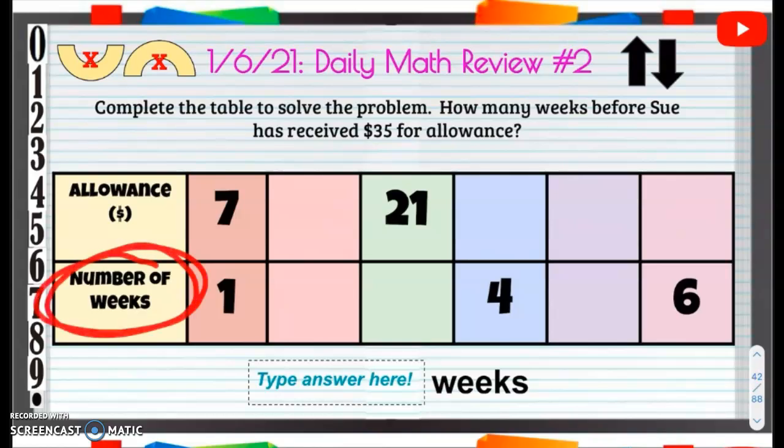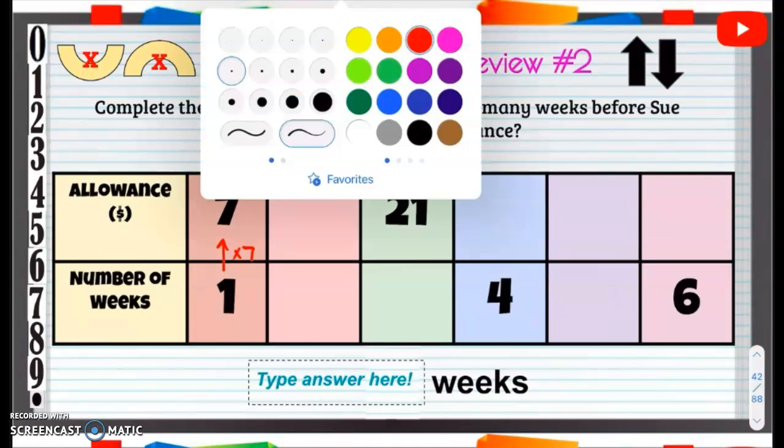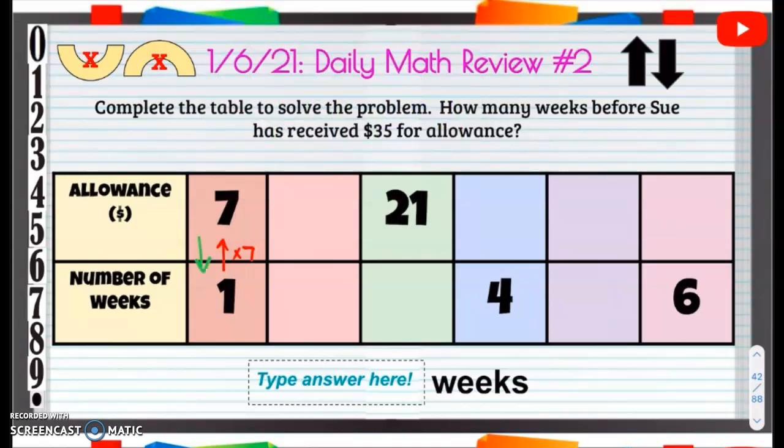All right, so we're going to figure out, first of all, I know from 1 to 7, I can multiply by 7. And then from 7 to 1, I can divide by 7. So in this case, 21 divided by 7 is going to be 3.